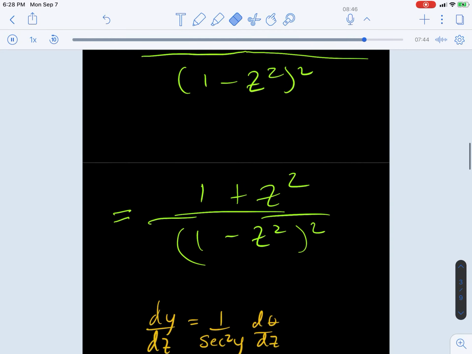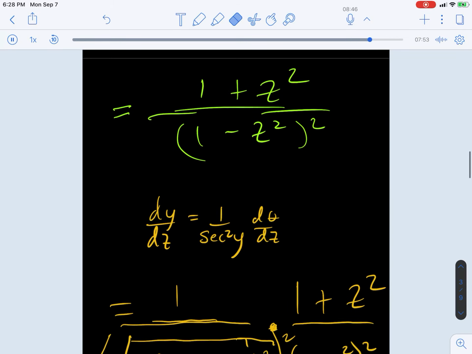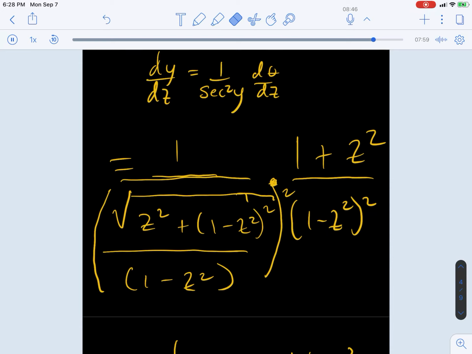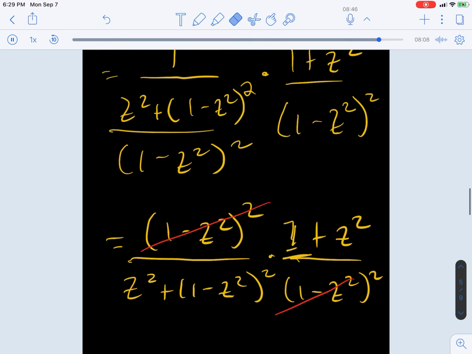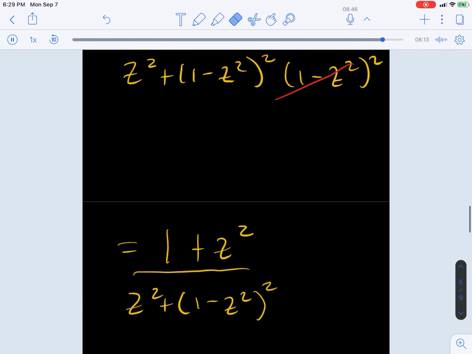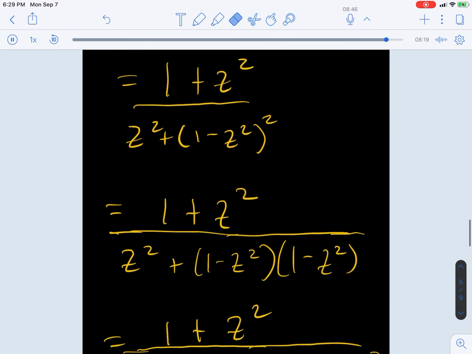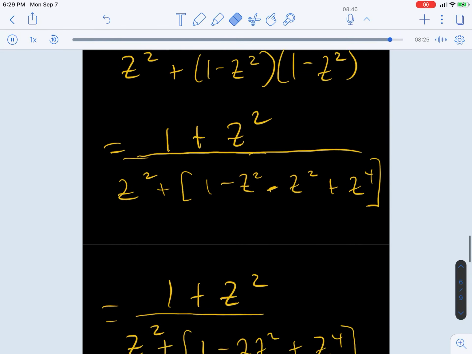Now I'm back to the problem, and I'm replacing all that information for my triangle and from d theta dz. Now using algebra, I multiply, divide by the reciprocal, cancel, and now I am using basic algebra to solve the problem. To simplify it out, I just write it in descending order of exponents.